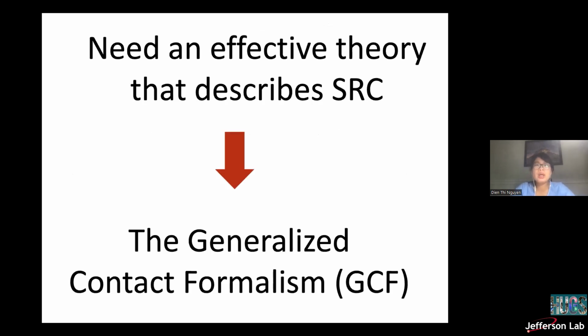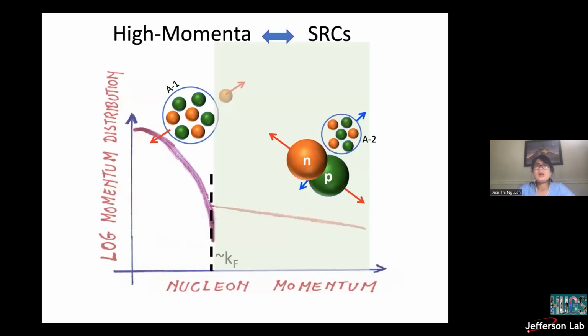That is why we need an effective theory for SRC. That is where we enter something we call the generalized contact formalism, GCF for short. This is the effective theory to study SRC. So what is GCF?